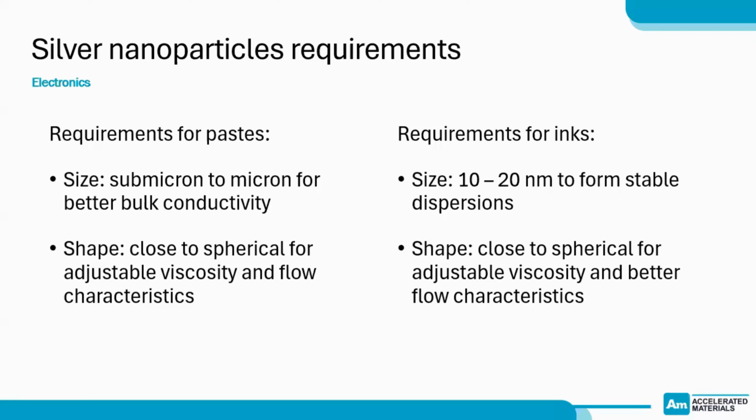We should also mention that silver has a high density, a high specific gravity. So if you have quite large particles, they will precipitate in most of the common solvents, for example, water-based inks, right, where the density of water is 1 and silver is 7, so it will precipitate quite quickly. That's why small particle size is also important to make a stable dispersion.